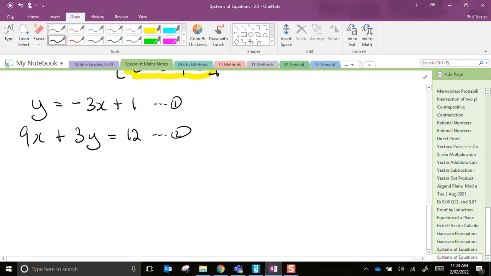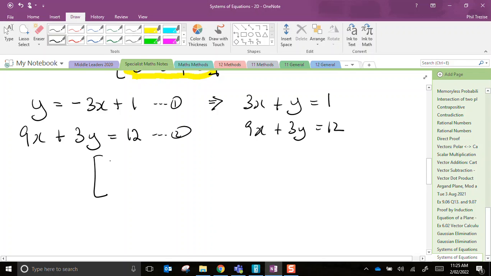Second equation. First one needs to be written in standard form. So I'll transpose it: 3x plus y equals 1. And my second equation is already in standard form, 9x plus 3y equals 12.